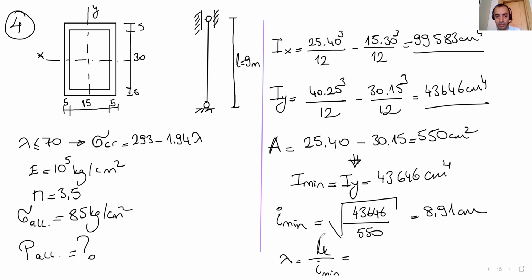LK. What is it? Top support is a roller support. The bottom support is, sorry, a pin, a vertical roller. This is pin again. So it's gonna get a shape like this. It's the Euler frame. So the L is L itself, 100 over here.